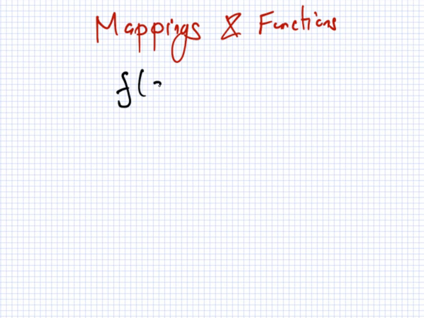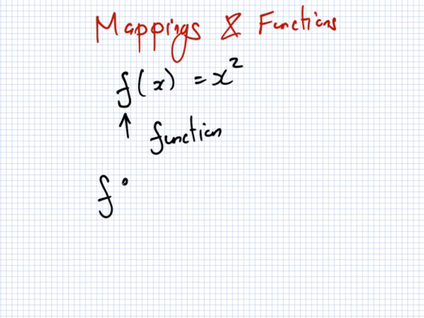So we would have studied something like this, f(x) equals x squared, but we haven't really talked about the vocabulary. So this is called a function. And what this f function does, it takes x, and what do you get back? You get back x squared. So that's what we mean by a function.